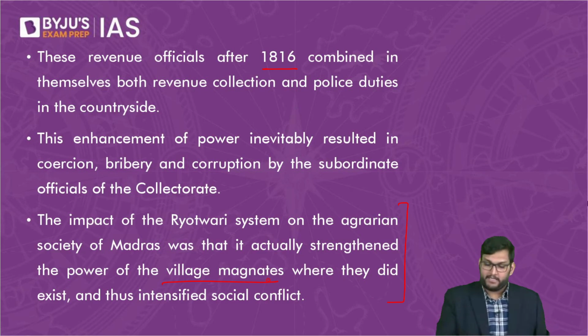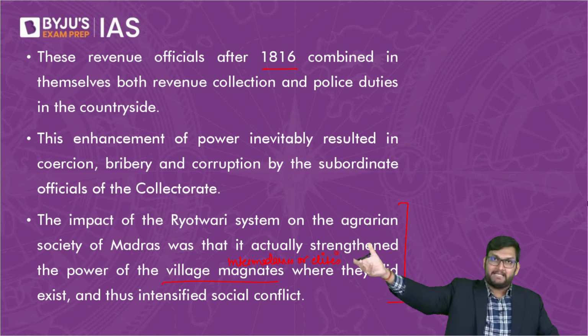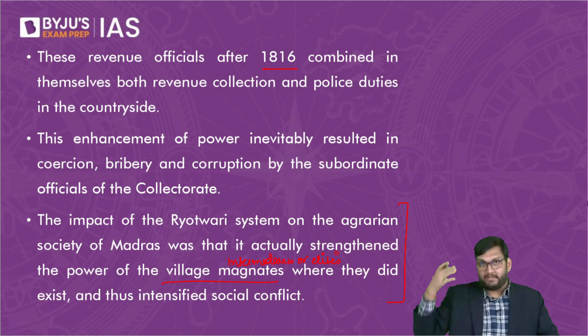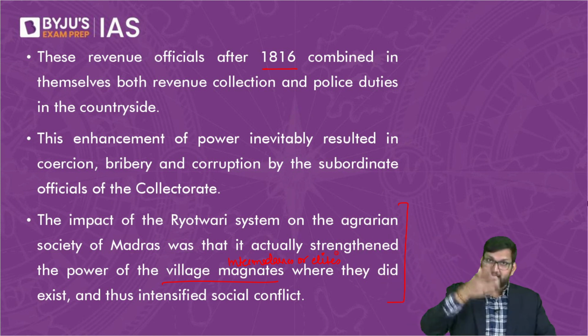Magnates mean intermediaries, or what we call elites. So basically the peasant did not have the money to give to the British. He rather went to the money lender and got the money, and that made the money lender and the smaller or bigger peasant much bigger.